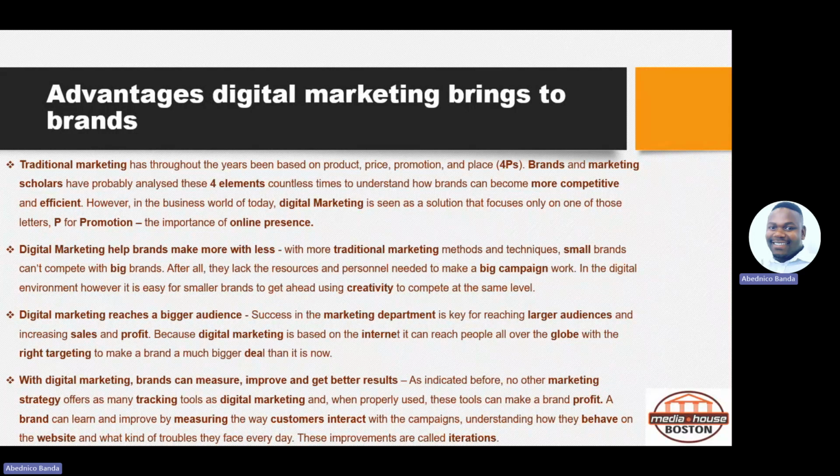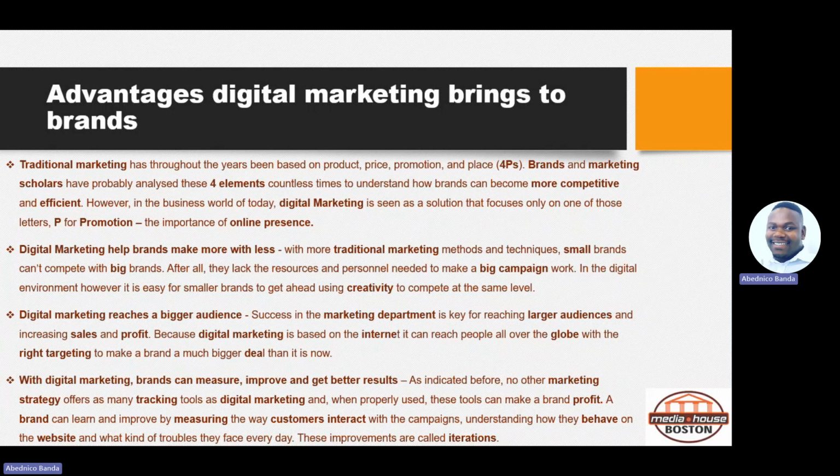P for product. It doesn't matter because once you promote the brand and people develop earned media for that brand, people are always going to love it. I'll give you an example of Mercedes-Benz or Apple. If they continue to promote the Apple brand on social media platforms and any given area of digital community, people would develop a relationship with Apple on its own and begin to trust its product.